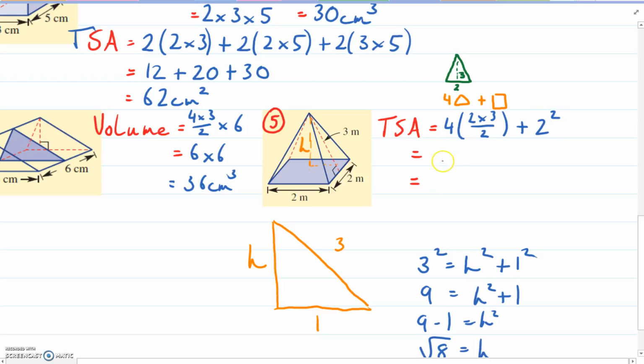So that becomes 4 times 3 plus 4, which is 12 plus 4, pretty straightforward, 16 meters squared.